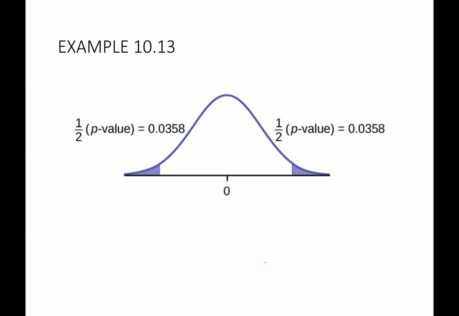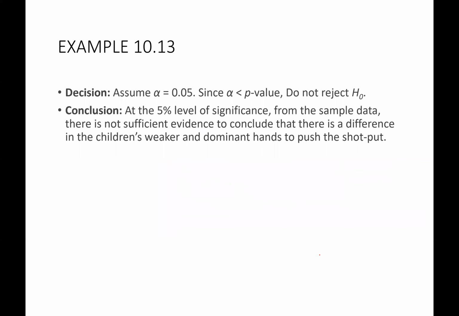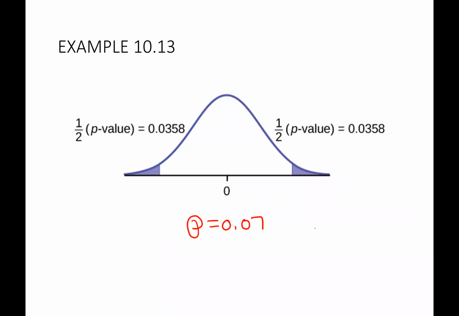Now this is a two-tailed test, so half your p-value is in each tail, but your calculator calculated it to be 0.07 because you told it it was a two-tailed test, so it calculated it properly. Now what are we going to do? Our alpha was 0.05. Our p is greater than alpha.